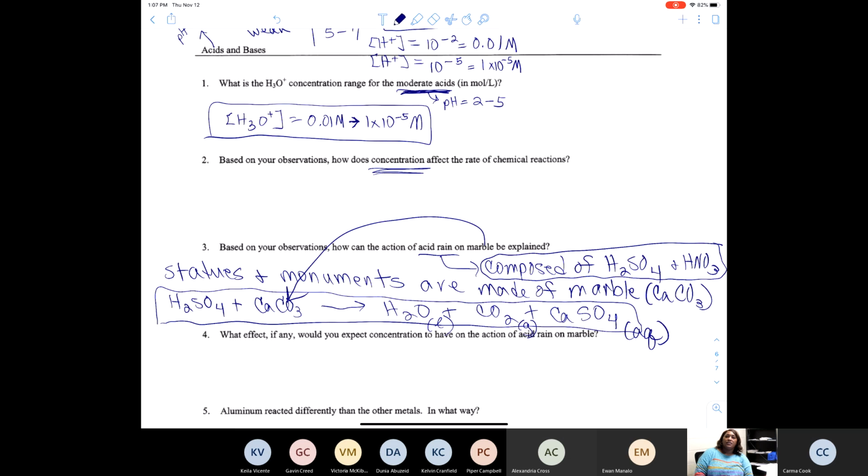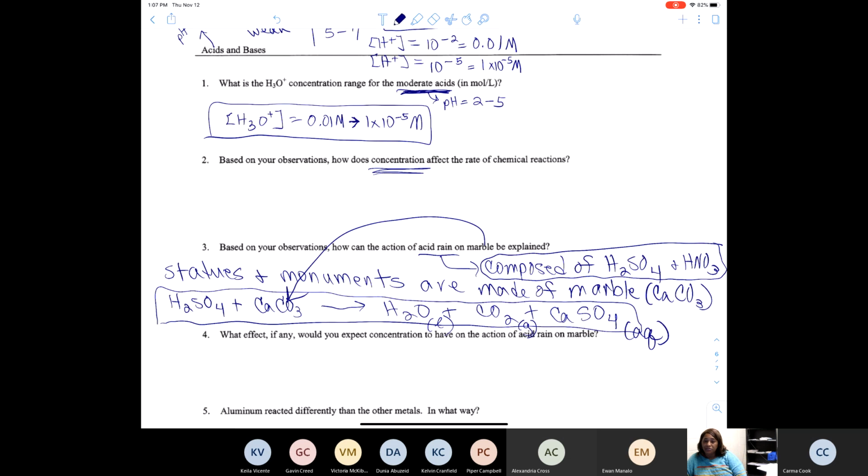But if your salt does not contain the carbonate ion, CO3 2-, then your products would just be the salt and water. But if your base contains the carbonate ion, then carbon dioxide will also be one of your products.